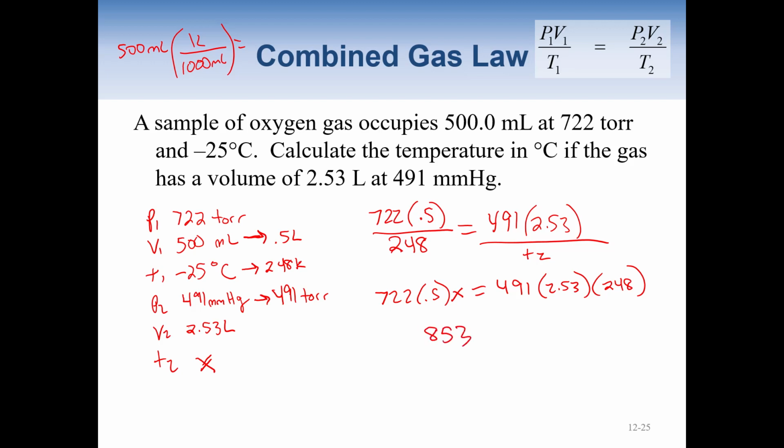Now let me just double check that so I didn't make any calculator errors. 853 is what I get. So now they wanted that in Celsius. This is in Kelvin. To get to Celsius, we subtract 273, so we get 580 degrees Celsius.